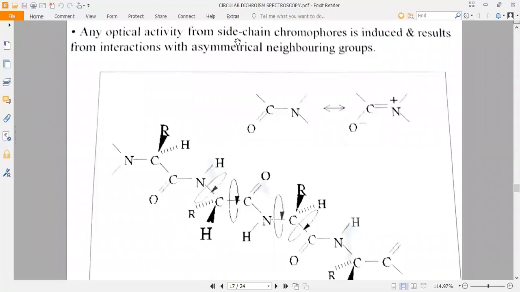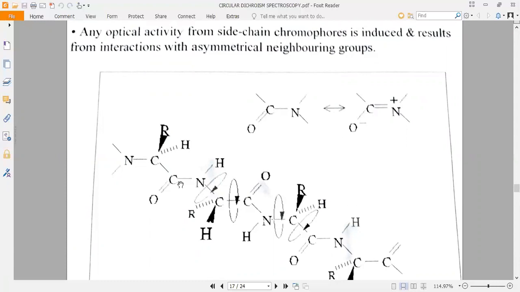Any optical activity from side chain chromophores is induced and results from interactions with asymmetrical neighboring groups can be seen by this process.